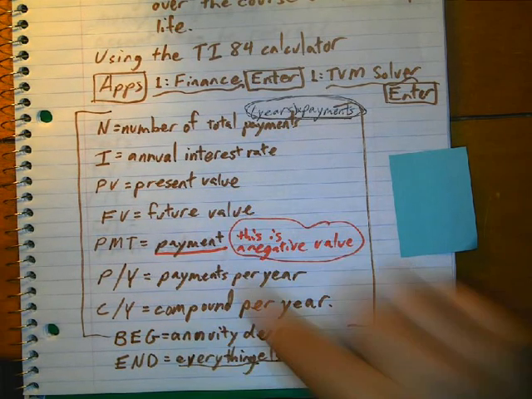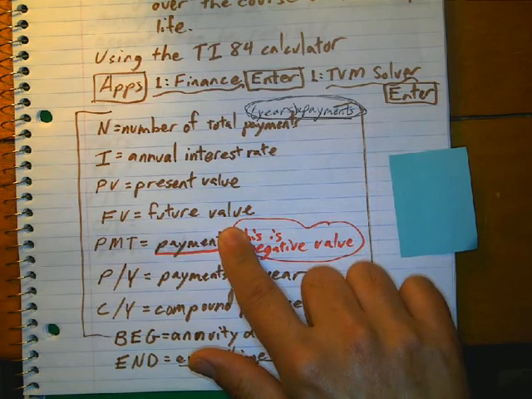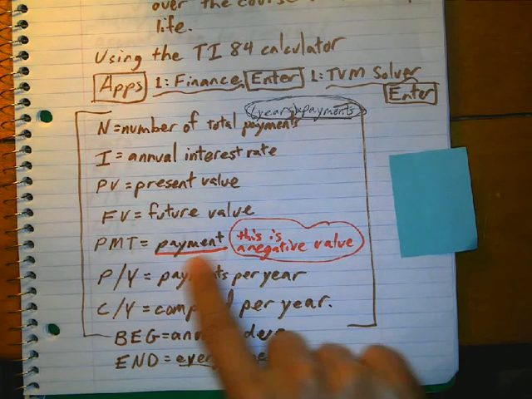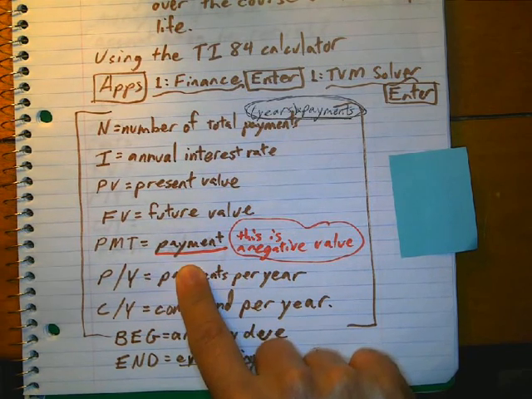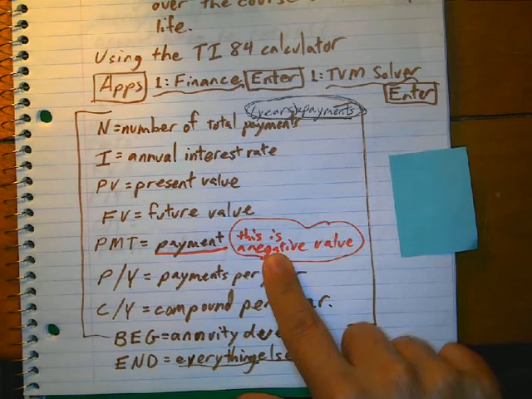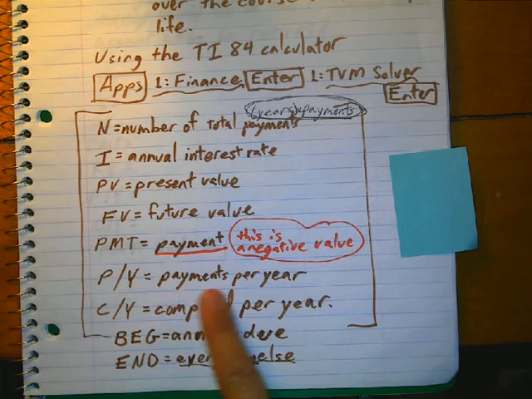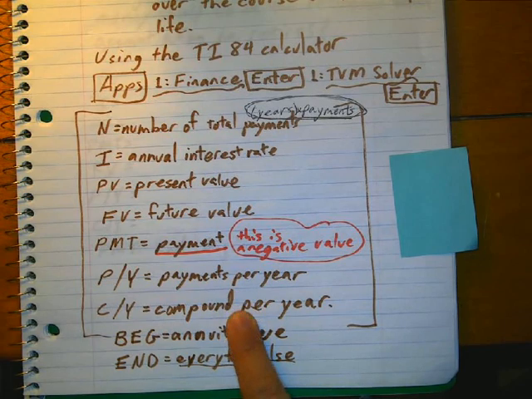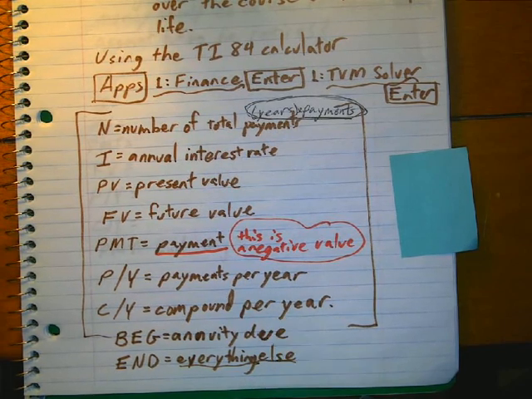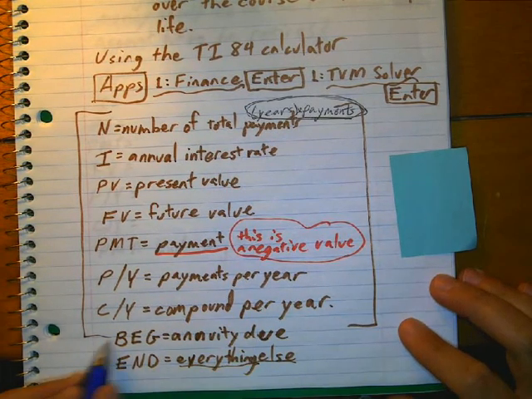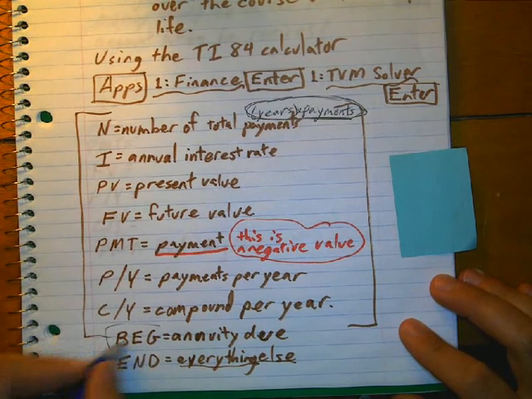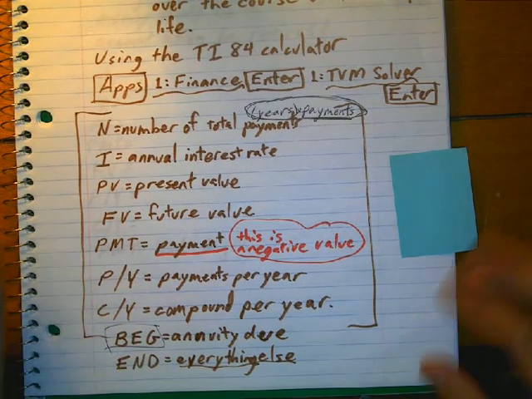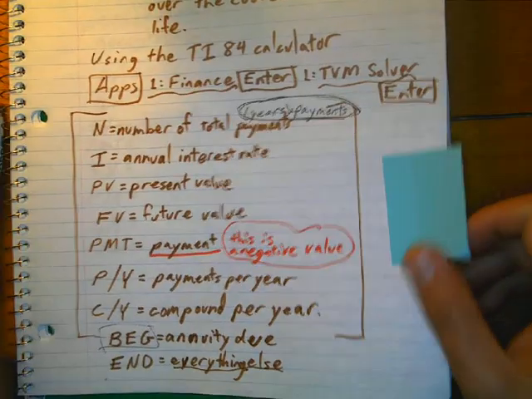Future value is the value at the end. Payment is how much you're going to pay each time. When you pay things, the value is going to be negative. And then payments per year, and we'll be using different values for this, and compounding per year. When it's an annuity, you're going to highlight begin, and if it's anything else, you're going to hit end.